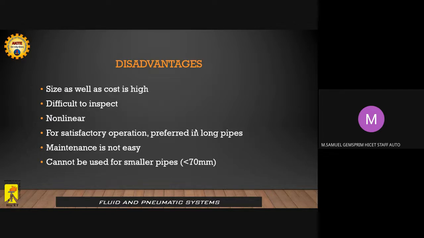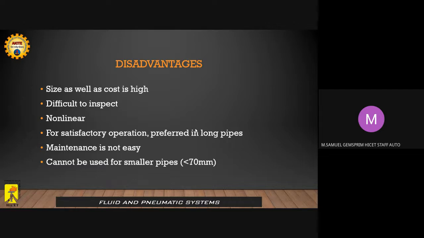But some of the disadvantages are, it is large in cost and size, so it is costly as well as large. It relies only on the linear values.